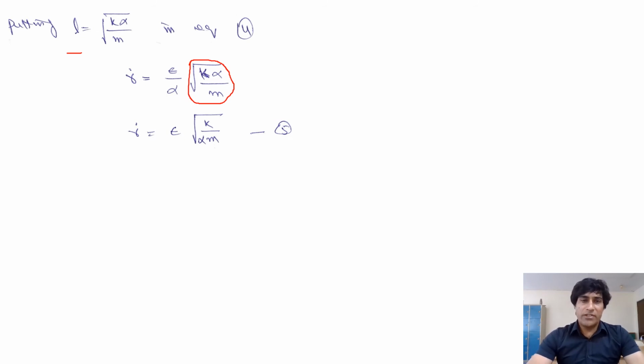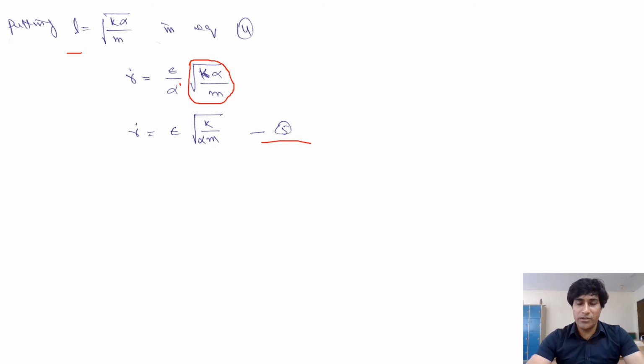After simplification, we get r dot equals epsilon square root of k divided by alpha m. Its power is 1 and its power is 1 by 2, so after simplification you will get alpha in the denominator. So this is equation 5.